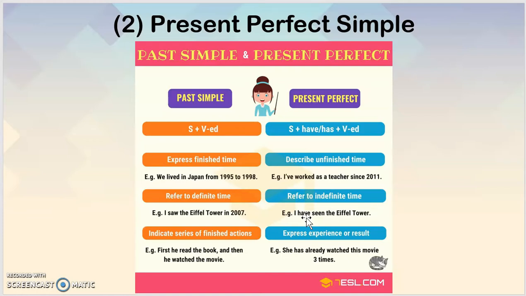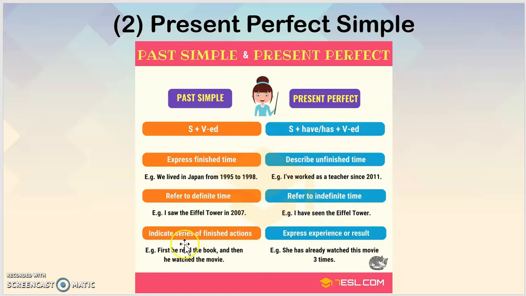For example, I have seen the Eiffel Tower. Alright, you have seen the Eiffel Tower, but when? Okay, you don't remember the time, but you know you have seen the Eiffel Tower. Present perfect merujuk kepada masa yang tidak tentu tetapi berlaku.